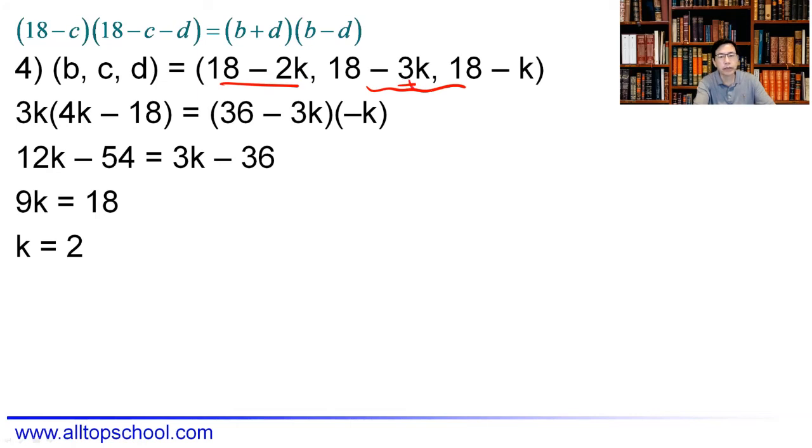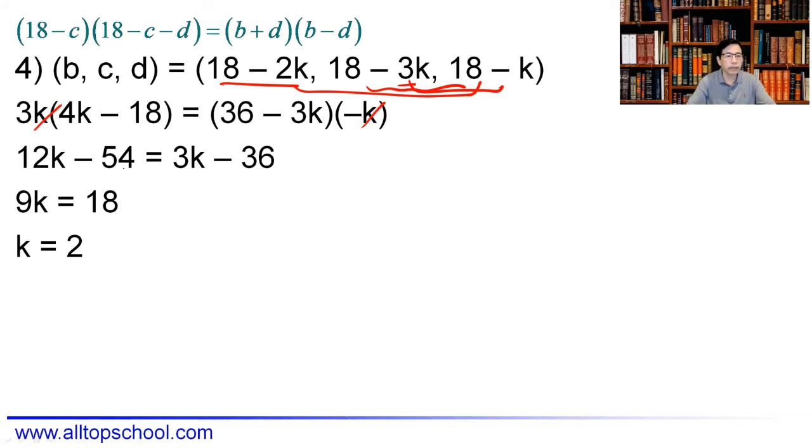C plus d, 4k, so 18 minus 36 plus 4k, minus 18. This is b plus d. B plus d would be 36 minus 3k. B minus d would be negative k. So we're going to cancel the k. So you get 12k minus 54. This is a negative 36. This is a positive 3k. So k equal to 2.